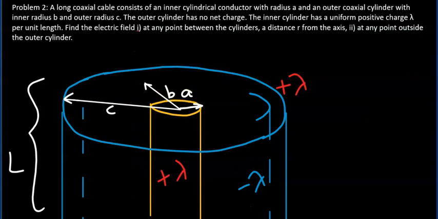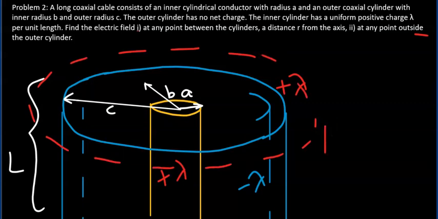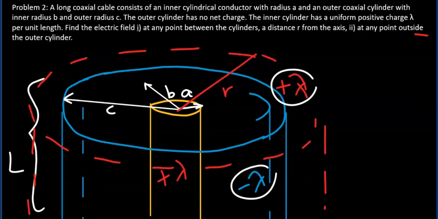Part 2, at any point outside the outer cylinder. The Gaussian surface will be that big cylinder with infinite length like that with radius r. So we are trying to determine the field, for example, at this point. The net charge that giant Gaussian surface contains is plus lambda minus lambda, so that's 0, but do not forget that plus lambda.